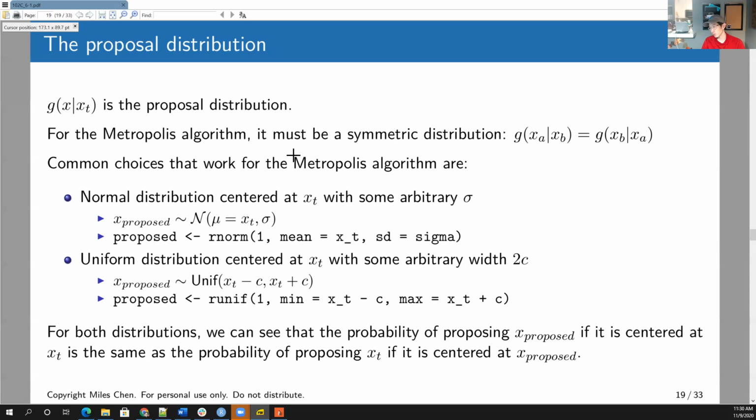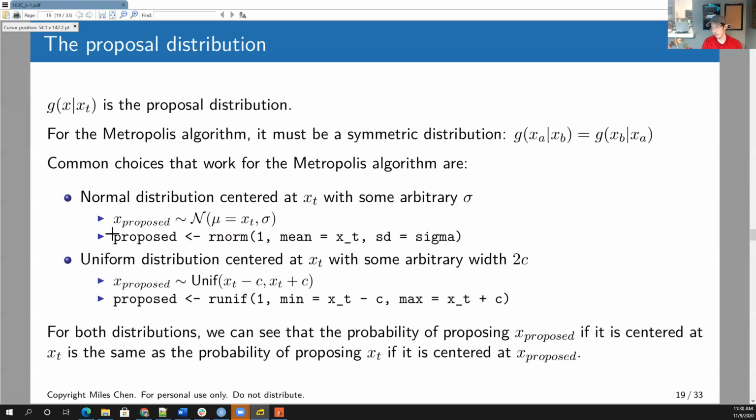One common choice for the Metropolis algorithm is the normal distribution, which is centered at your current value x at time t and has some arbitrary standard deviation sigma. So we would say x proposed is generated from the normal distribution where mu is equal to your current value x at time t, with some arbitrary value sigma.